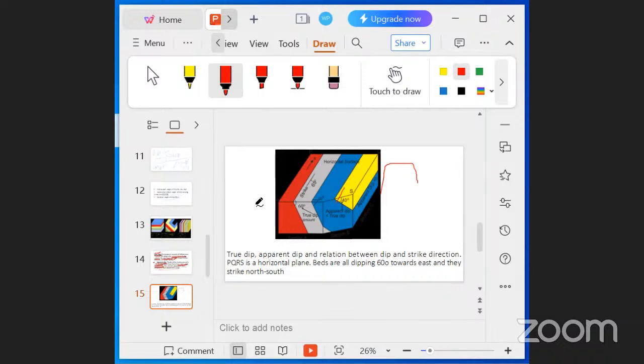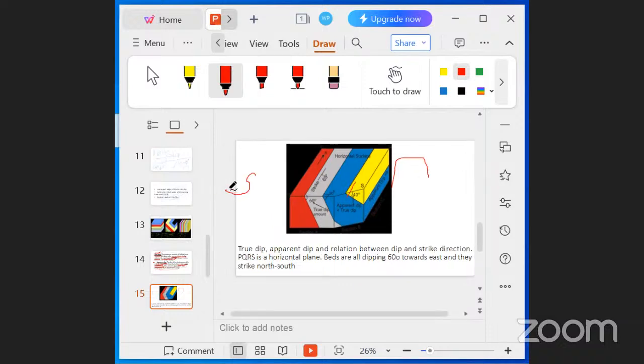So now, what is the importance of strike and dip? Anybody? Okay, the importance of dip and strike in structural geology. First one is the determination of the younger bed or formation.